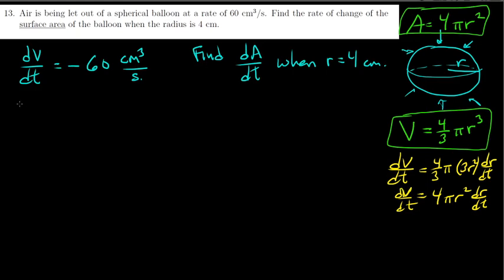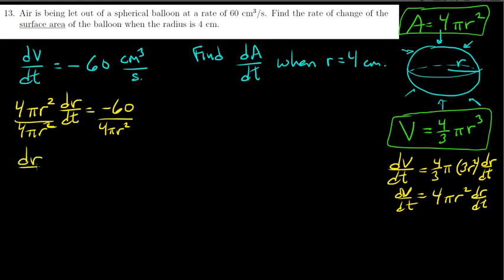Okay. But for our purposes, we get 4 pi r squared times the derivative of r is equal to negative 60. So if we divide by 4 pi r squared, we get that the derivative of r, the rate of change of the radius, is negative 60 over 4 pi r squared. 60 over 4 is 15, right?